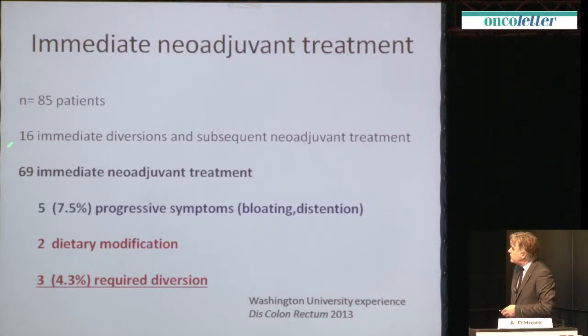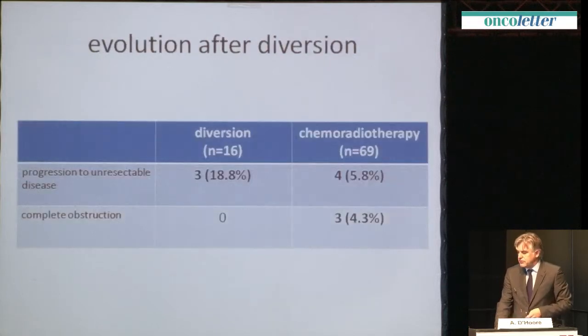But the other 69 got immediate neoadjuvant treatment. Only 5 of those patients had progressive symptoms of bloating and distension. They could treat 2 of those 5 conservatively, and only 3 required a diversion. So it seems a feasible tactic in most of the patients.